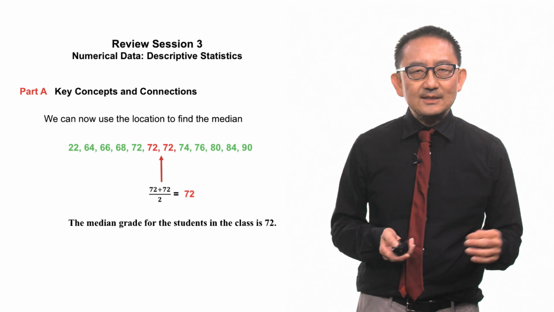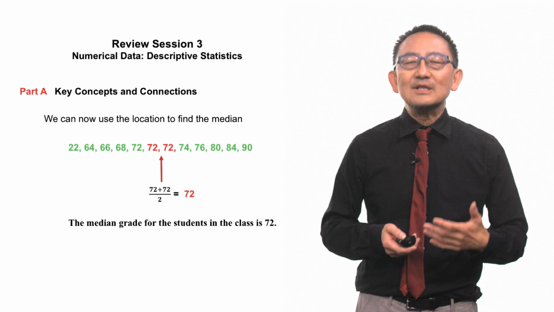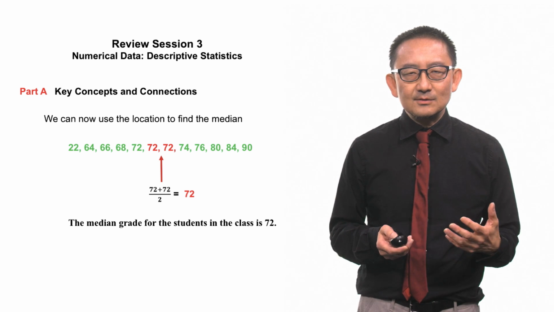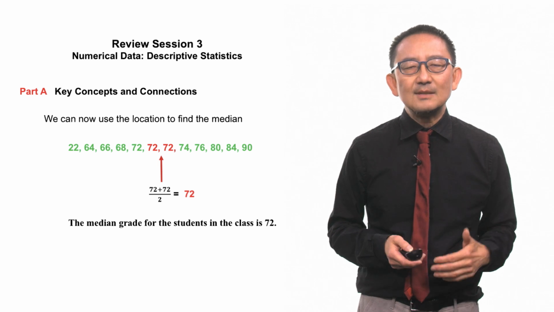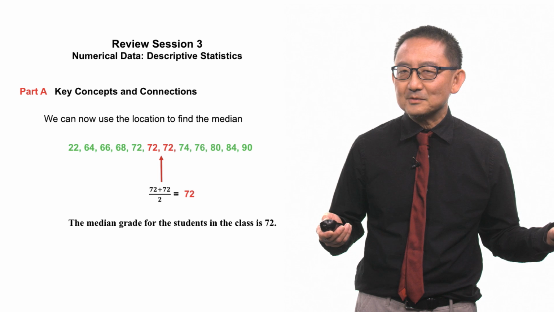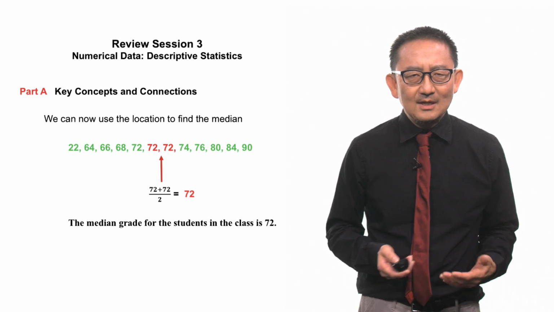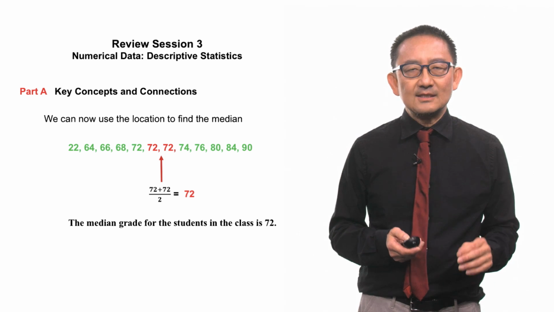So finding the median is simply taking the average of those two middle numbers. Well, in this case, we have 72 as both of the numbers, so we have 72 plus 72 divided by 2, which equals, of course, 72. So the median grade for the students in the class is 72.